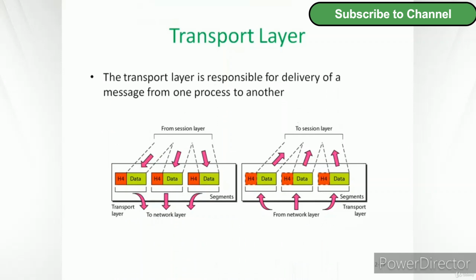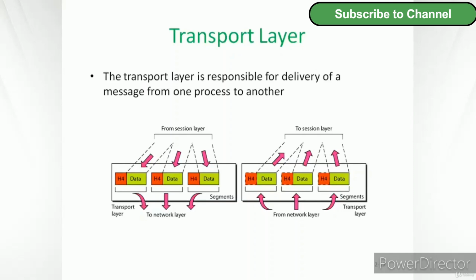Then the transport layer is responsible for delivery of the message from one process to another process. As we know, the different computers are there, and to communicate between these computers, only the physical addressing and logical addressing is not sufficient.